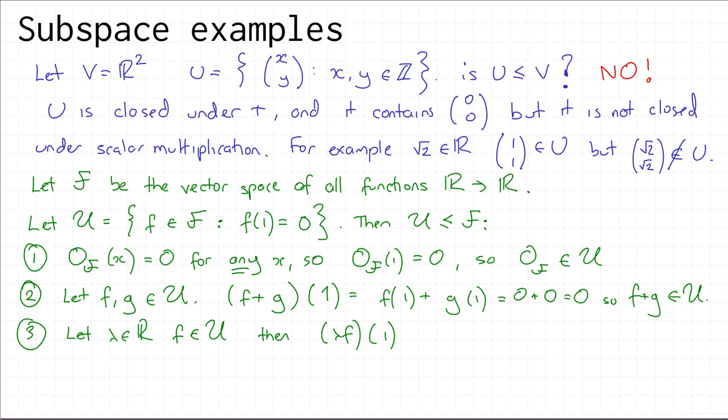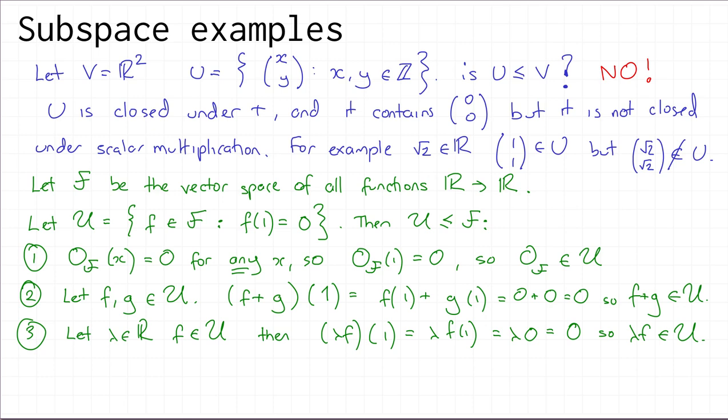So in particular, lambda f of 1 would be lambda times f of 1, and that's lambda times 0, and now I don't care what lambda is, that answer is always 0. So lambda f is an element of U. Right, we've checked that U contains the 0 vector, it is closed under addition and closed under scalar multiplication, so it is a subspace.